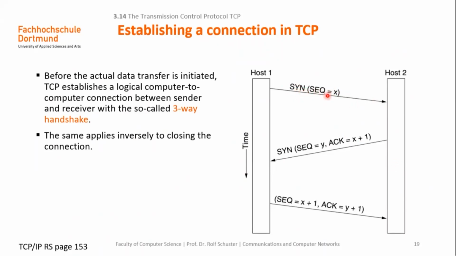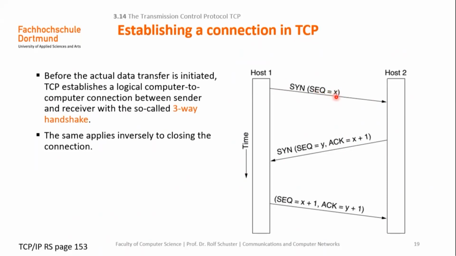This number is chosen by the calling end of the communication, in an aleatory way. Then it is not necessarily a sequence number equal to 0. Typically it is any number of 32 bits.